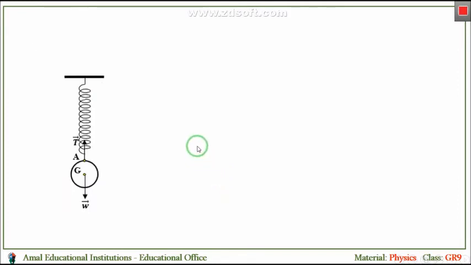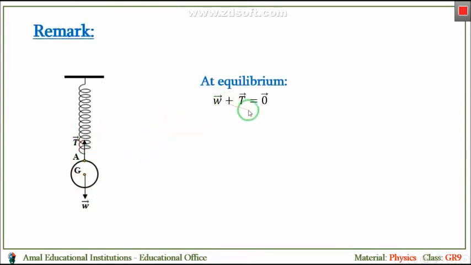Now we are going to talk about an important remark. Given a spring and a box, a ball M is connected to the free end of the spring. The forces acting on the ball are the weight force and the tension force. At equilibrium, W vector plus T vector is equal to 0 vector, which means that the weight vector is equal to minus the tension vector.